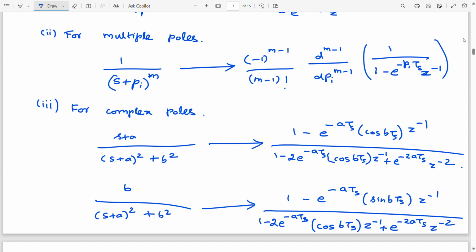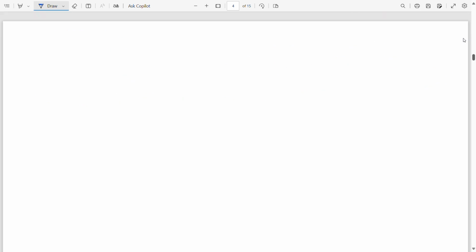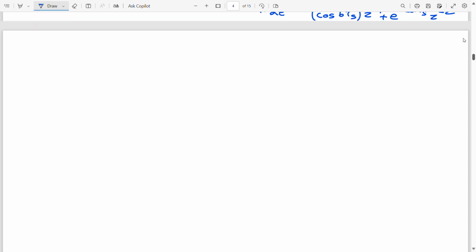here it is important to note the mapping of the poles in the S-plane to the Z-plane.